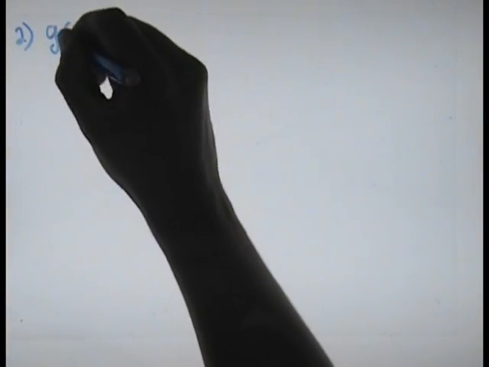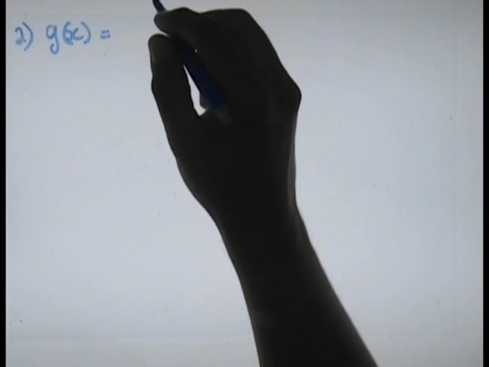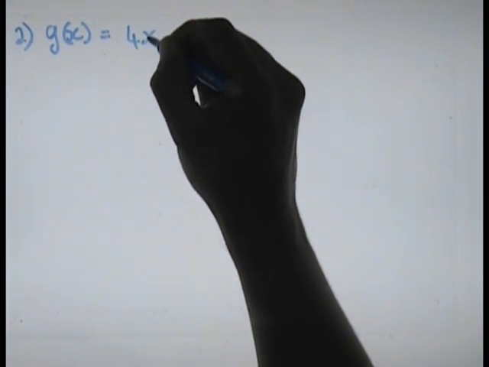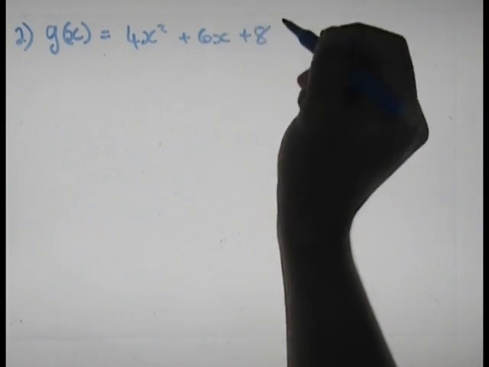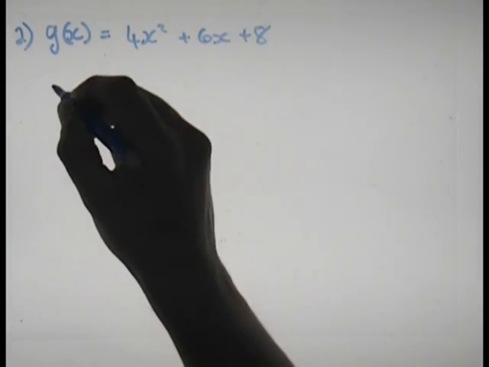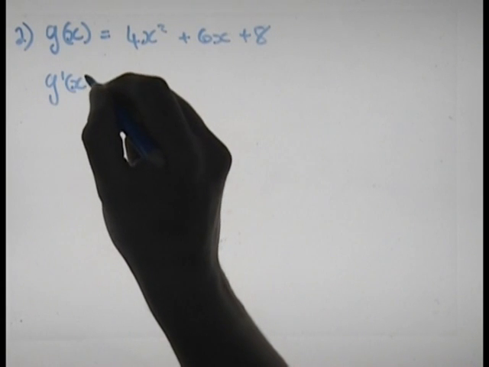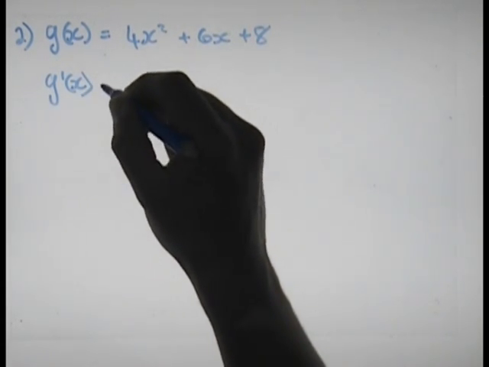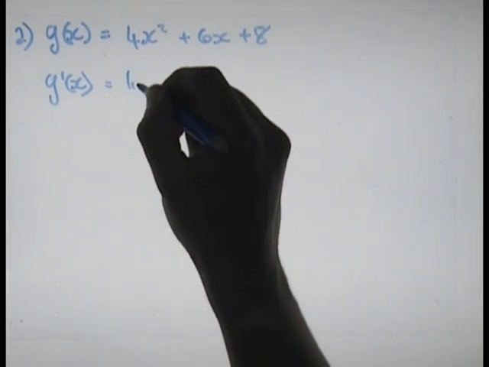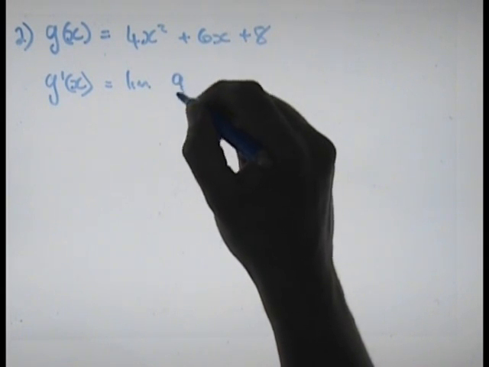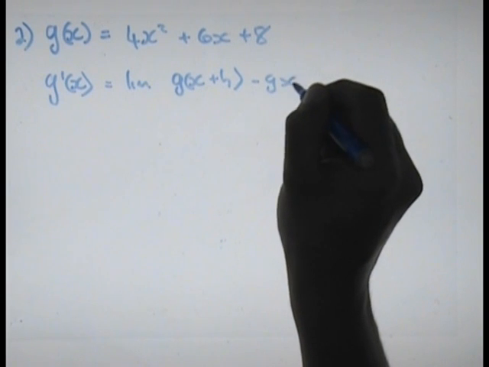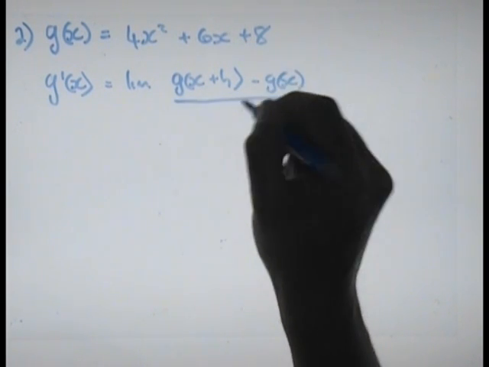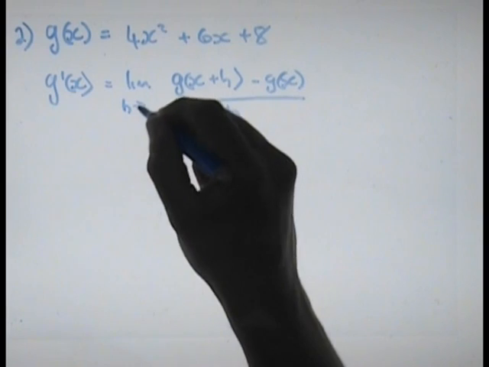The second one I gave you to do reads g of x is equal to 4x squared plus 6x plus 8. To find the gradient or the differential g dash x, that's going to equal the limit of g of x plus h minus g of x divided by h as h tends to 0.